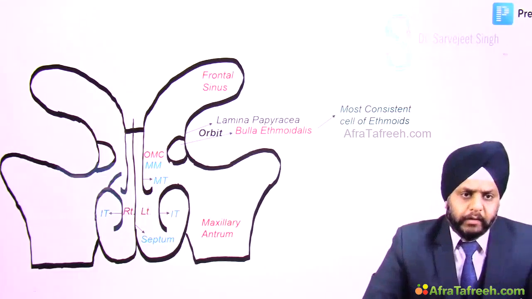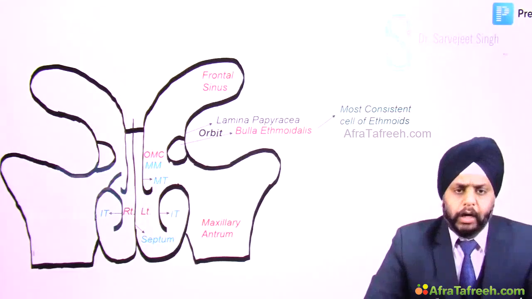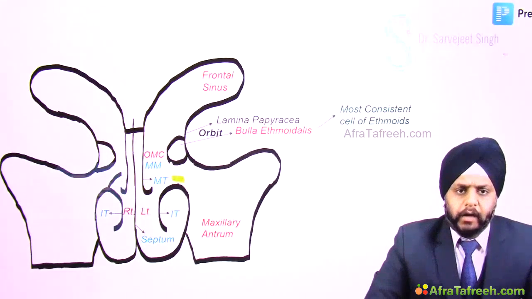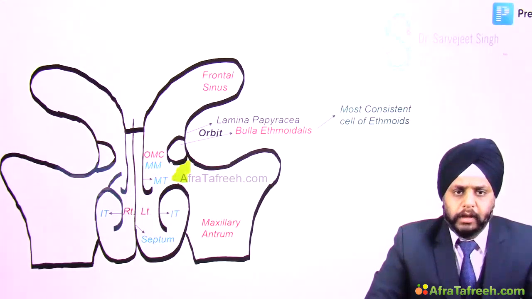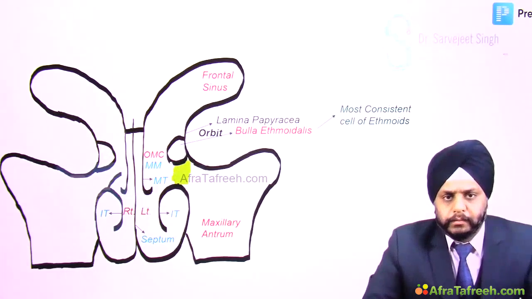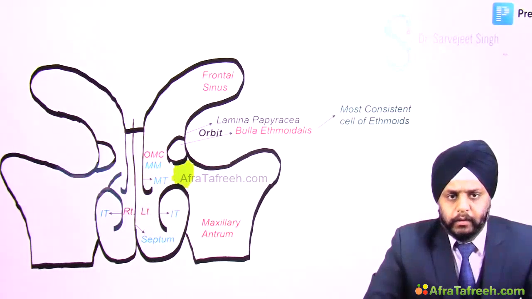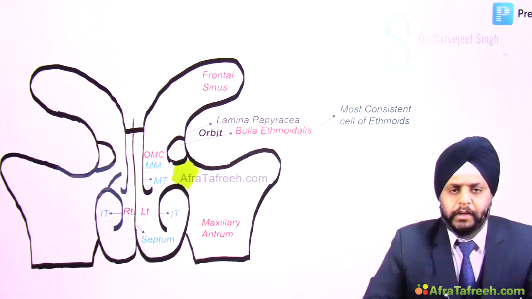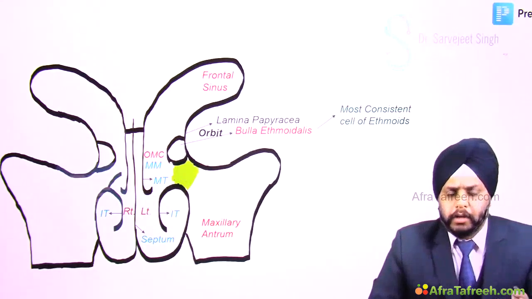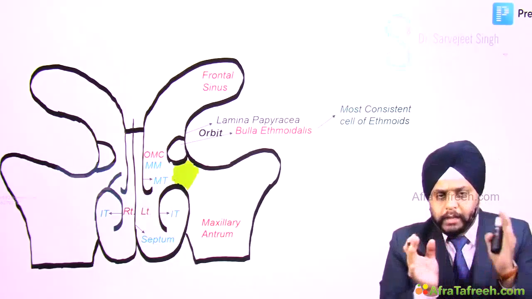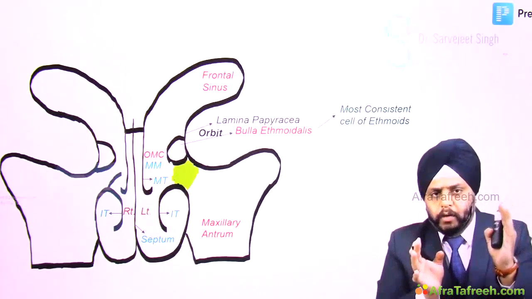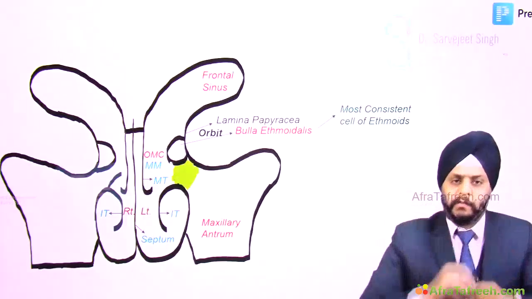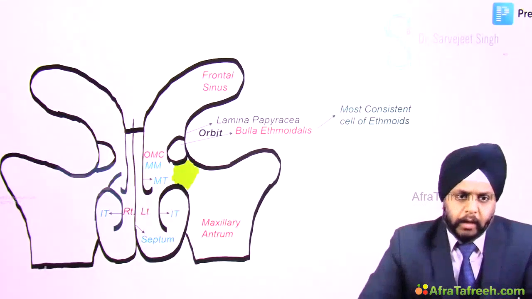Now what happens? So when I erase the uncinate process, you see that now the maxillary sinus drainage has become a big wide drainage. Okay, it's a wide drainage, and the drainage pathway has now become very small. So small means lengthwise the drainage pathway is small, widthwise the drainage pathway is more. Okay, right?